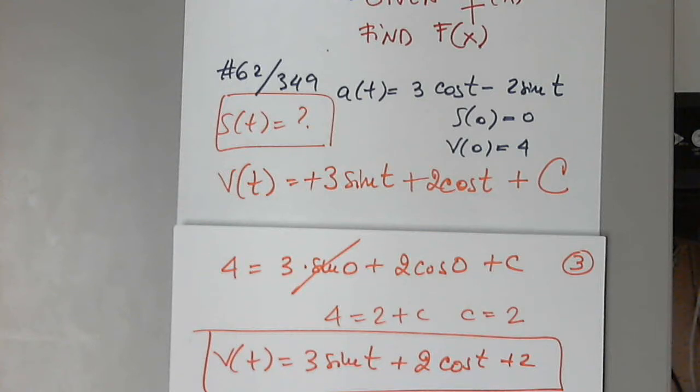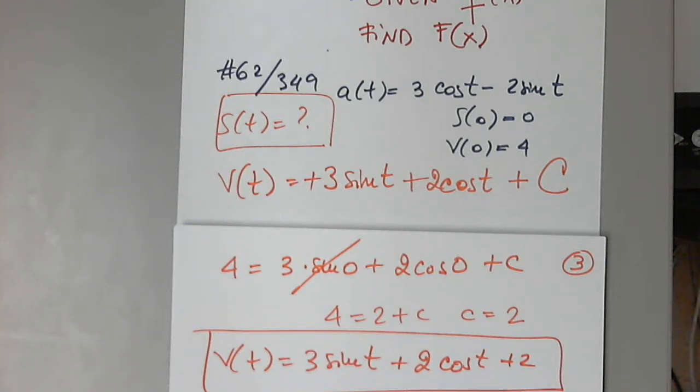So we are one step closer to finding the distance formula, correct? So s of t: we want to determine the function whose derivative is 3 sine t. And now I agree with negative 3 cosine t. Is that true? Yes. When we differentiate negative 3 cosine t, we get 3 sine t.